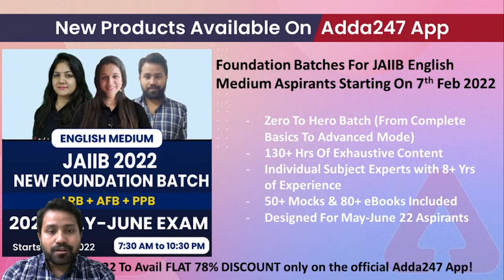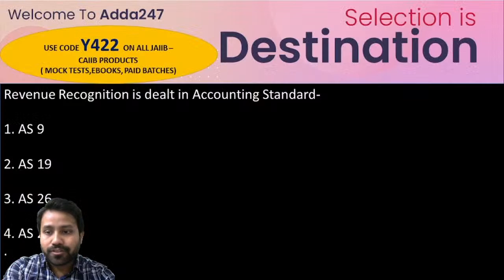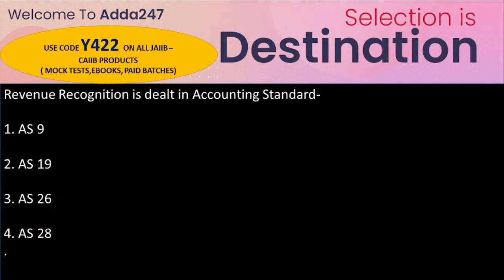Okay, so now let's start the session with the first question, which is from the accounting standard chapter. The question is: revenue recognition is dealt with in which accounting standard?